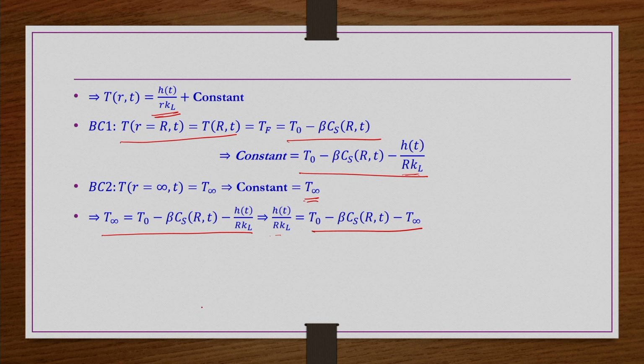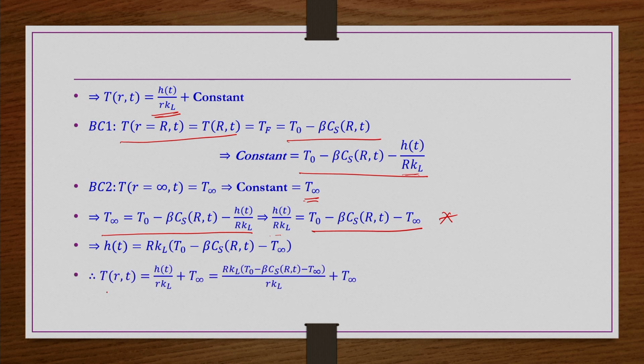So, we have the constant as T_infinity, and h(t) by r k_l we also got from this relation. So, h(t) is known and that constant is also known. So, we substitute here: T as a function of r and t, where h(t) is nothing but capital R k_l times T_0 minus beta C_s(R, t) minus T_infinity, divided by r k_l as it is, plus T_infinity.